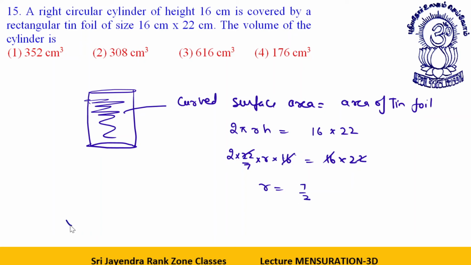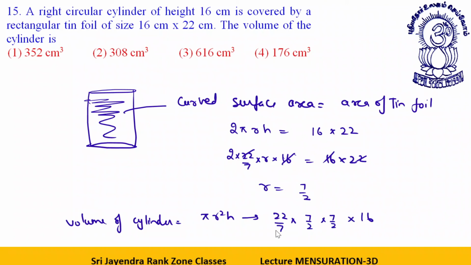The volume of the cylinder. What will be the volume of the cylinder now? Volume of cylinder will be pi r square h, that is 22 by 7 into 7 by 2 into 7 by 2 into 16. 7 and 7 cancel. 2 and 2 is 4.